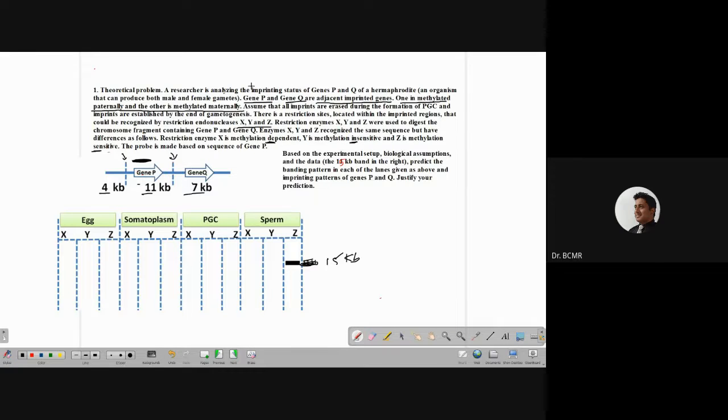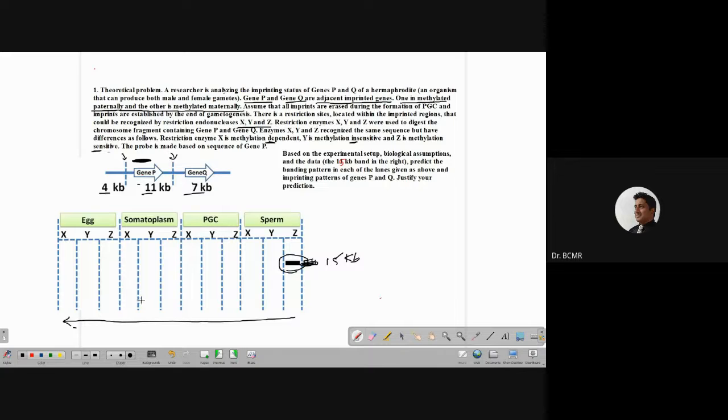But we are not telling you which one is maternally imprinted or which one is paternally imprinted. All you are given is gene P and Q, out of which one is maternally imprinted and one is paternally imprinted. Based on the information that is given here, and one band is given to you as a clue, you have to work out the whole banding pattern in all the cases here.